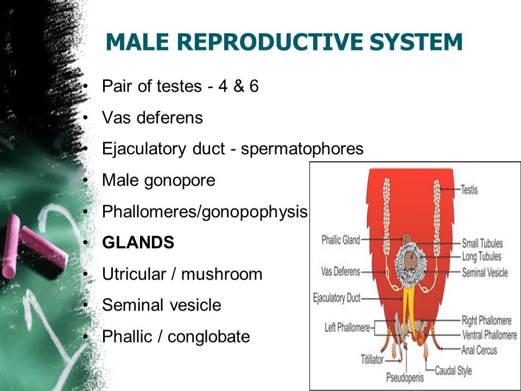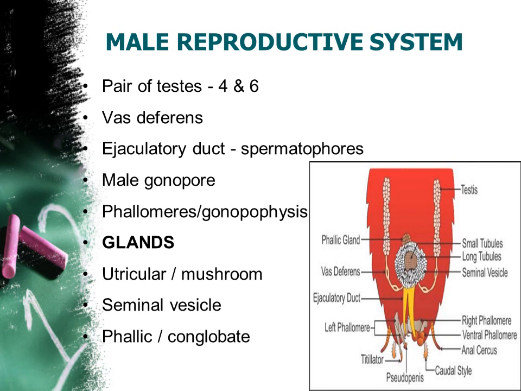Can you watch this term? Spermatophores in this duct. These spermatophores will be ejaculated out through the male gonopore, right? For this copulation process, the phallomeres or gonapophysis organ is helping. Is it clear? So these are the organs.